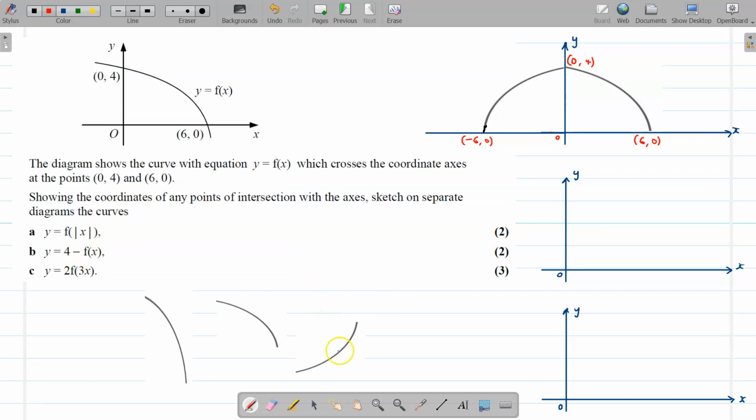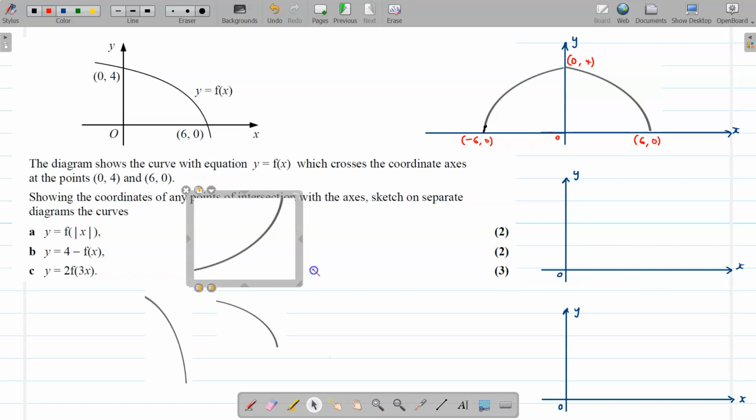Okay, so effectively what would happen is it would be upside down like this one here. Let me just select that, which would cause it to be under here. I'll just compare it with that one so you can see roughly what it would have looked like.